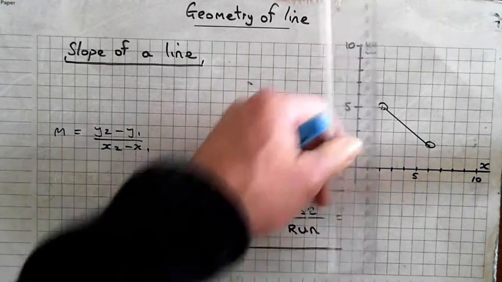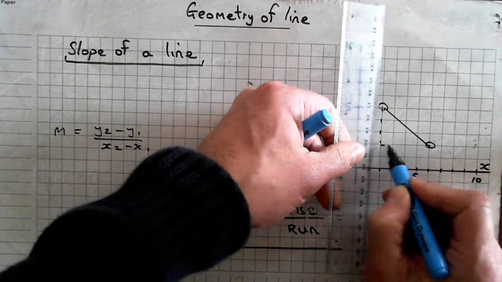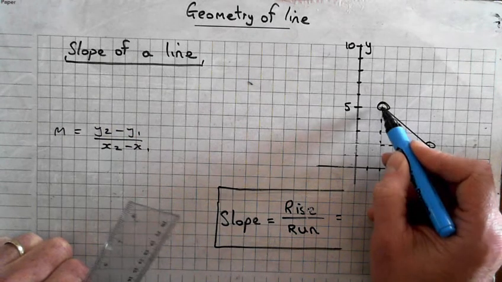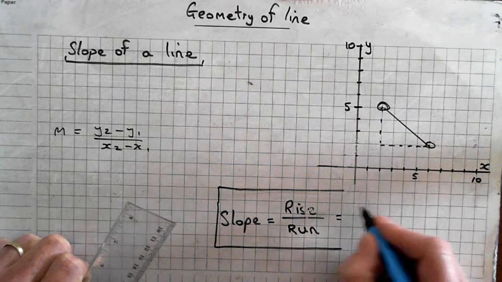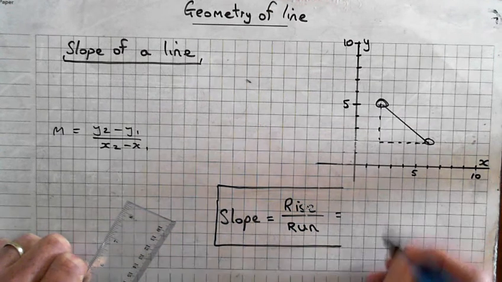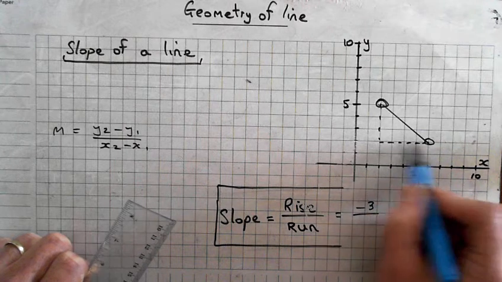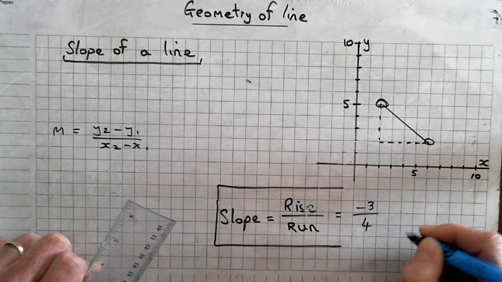So just form a triangle. This is the point that we're starting off, but instead of going up, we're going down. So that's minus 3. This is the rise, the y coordinate. And the run is this distance here, which is 4. So it's minus 3 over 4.